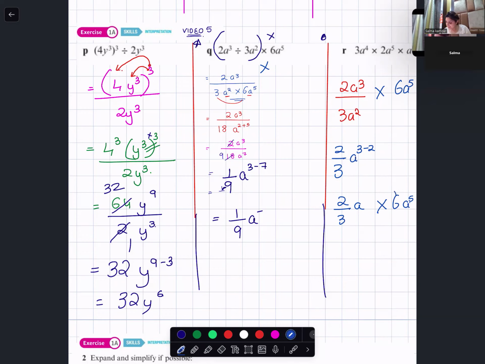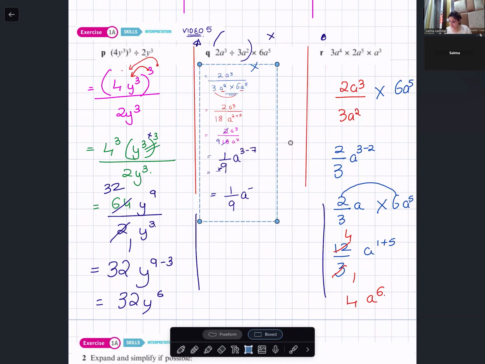So this will become 6 times 2 by 3, a raised to 1 plus 5, since a raised to m times a raised to n gives a raised to m plus n. So 3 ones are 3, 3 fours are 12. So this is 4a raised to 6, and this would be the correct solution.